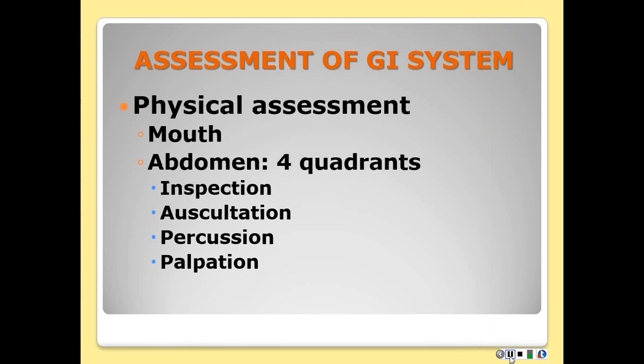Then we're doing our physical assessment. Think back to 103. How did you assess the GI system? How did you assess the mouth? What did you look at? Look, listen, and feel. The abdomen, remember the 4 quadrants? Right. We inspect first, then we listen before we palpate.